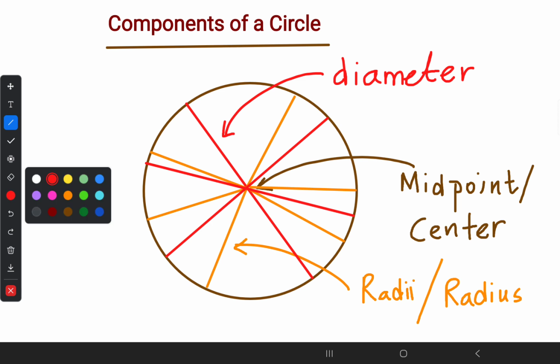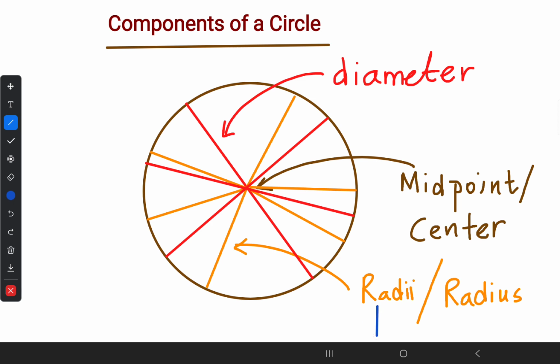The count of the radii which we can draw in a circle would be infinite. It can be defined as an infinite number of radii in a circle, and the diameter also, the same case, an infinite number of diameters.